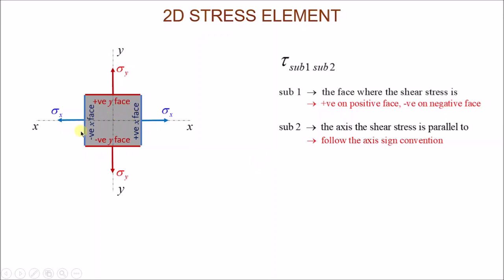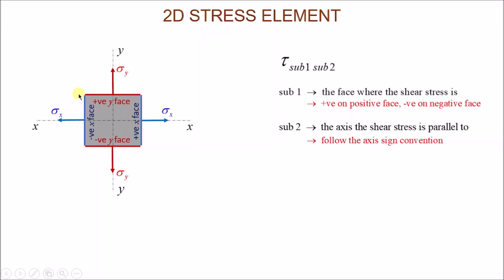So for instance, if my shear stress was pointing up, because the y-axis is positive pointing up, therefore the sign of subscript 2 will also be positive, okay?